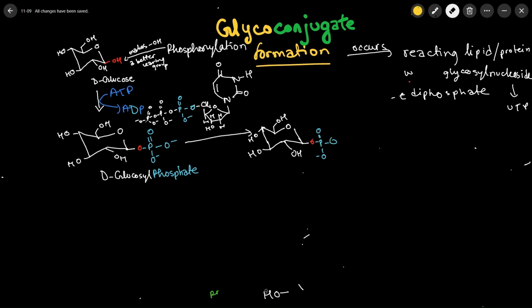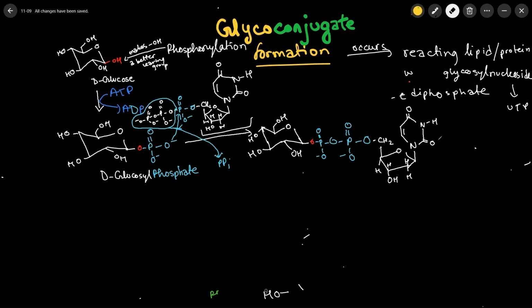In the UTP, the two phosphates of the UTP leave, and then the other blue phosphate gets attached to the D-glucosyl phosphate, and we get the rest of the uridine nucleoside base added here too, to the D-glucosyl phosphate. And so this is a D-glucosyl uridine 5' diphosphate.